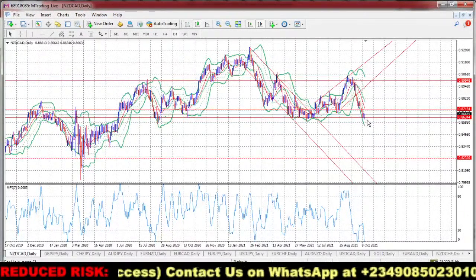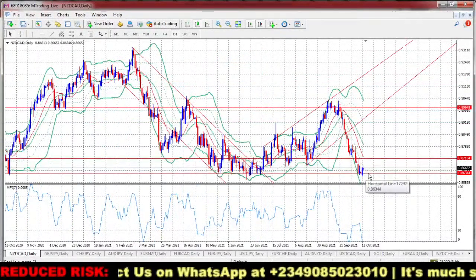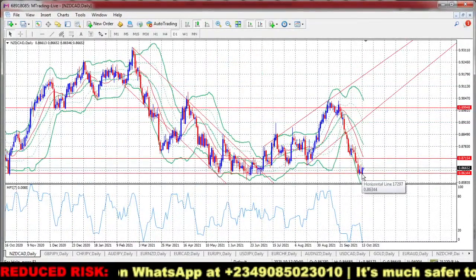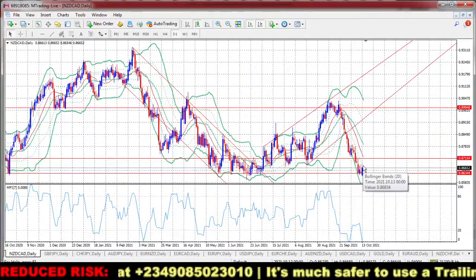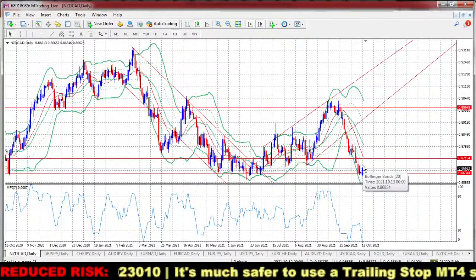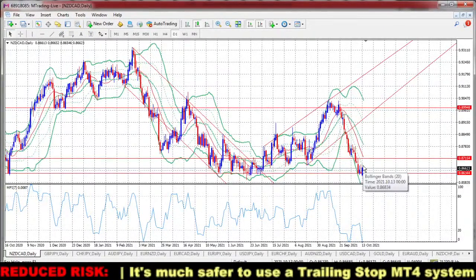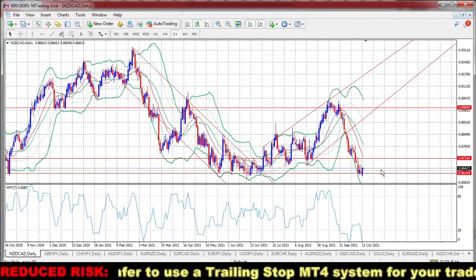So our hope is, as long as it has been able to hit this line, we already have a turning point, which is a bullish push. It is trying to tell us that the buyers are strong in the market right now, and we should be expecting more of that push in the course of the day.